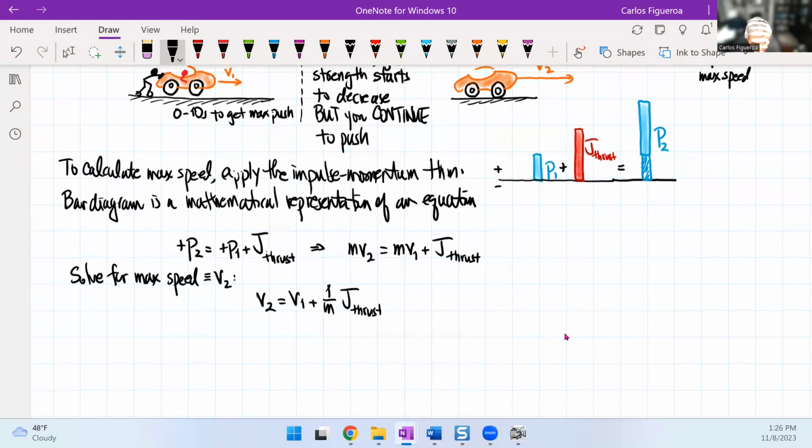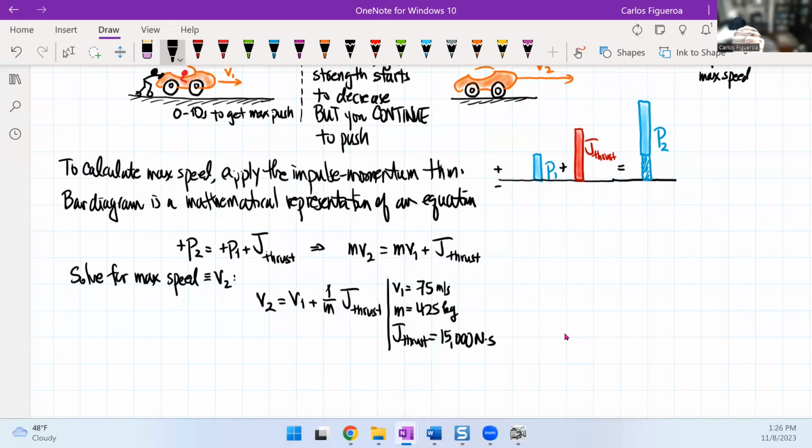So now if I start putting in my numerical values, we see here that from the question, it says that V1 is 75 meters per second. We know that the mass of the rocket was 425 kilograms. And finally, the thrust impulse that we calculated was equal to 15,000 newton-seconds.